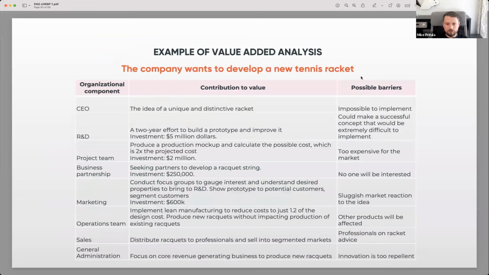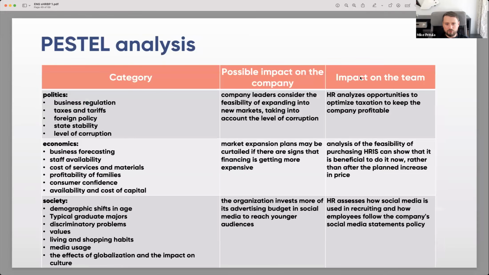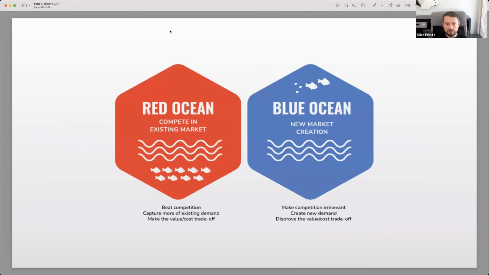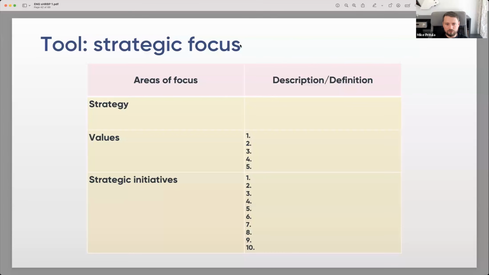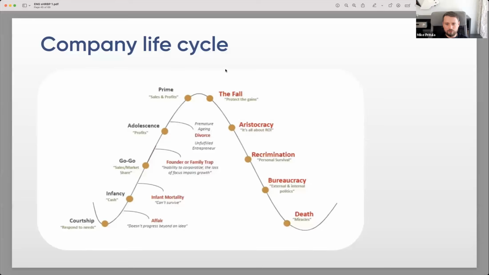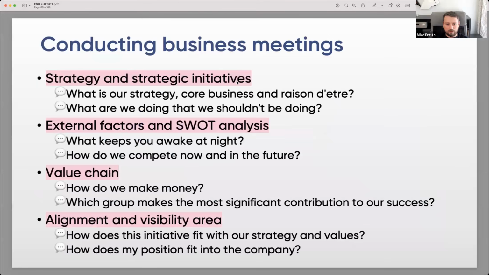Almost every spreadsheet is a tool here. Or you may want to fill in PESTEL or SWOT analysis or both. So these are tools, right? Also the strategic focus tool and the distinction tool. All these tools you may use for your homework.